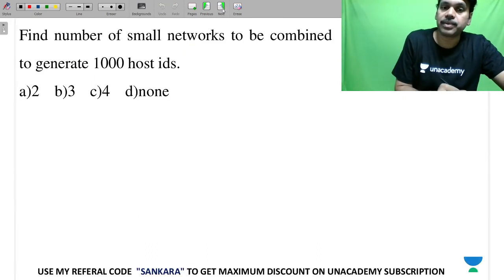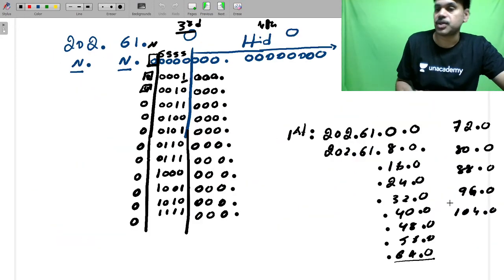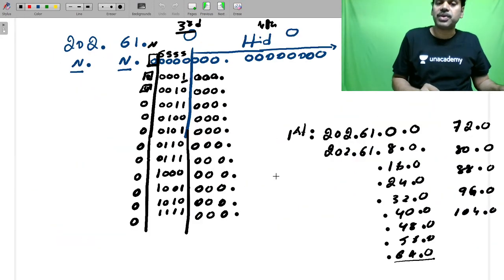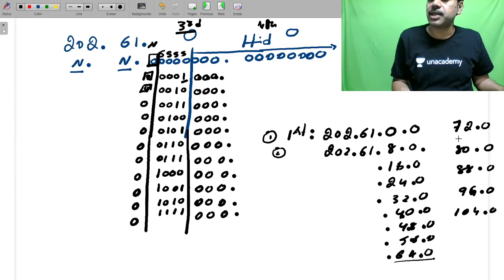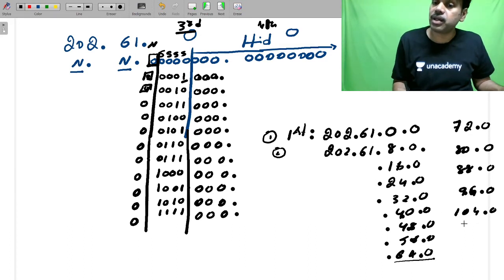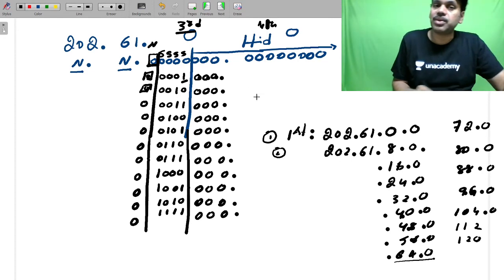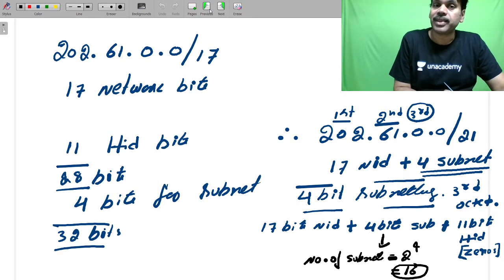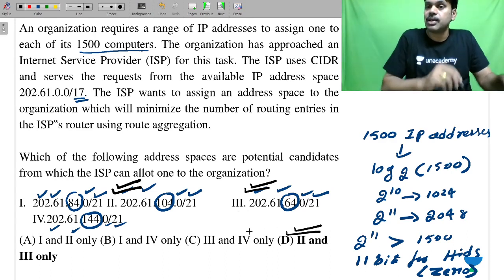And what is the next one? 104 is there. So 144 next one. 144 is not there, because you're going to get 16 combinations only. 1, 2, 3, 4, 5, 6, 7, 8, 9, 10, 11, 12, 13, 14, 15, and 16. So this is how you can understand that. What is our answer? The answer is that 2 and 3 are eligible for this hierarchy.